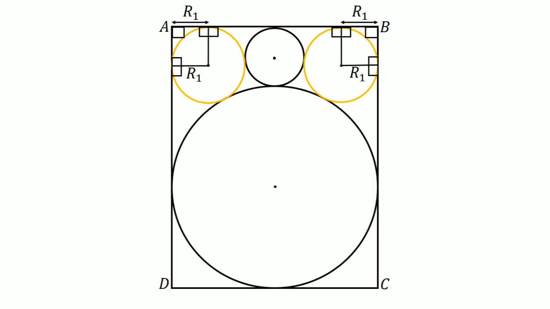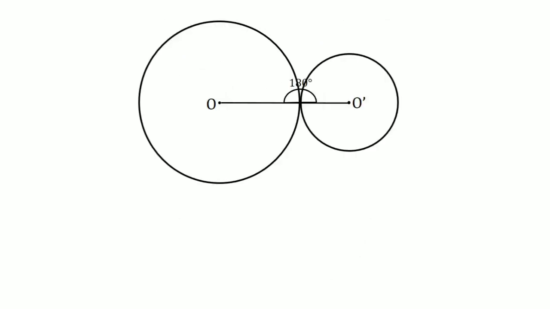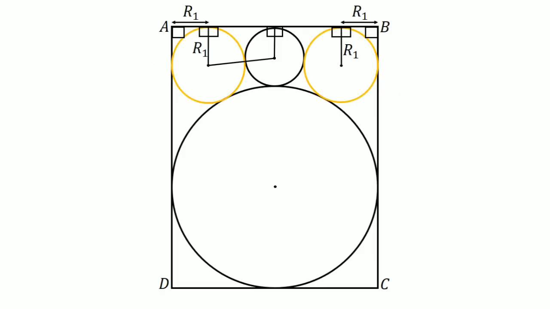Now also drop the radius of the smaller circle to the tangential point and join the centers of these two circles. So by our result we can say this is a straight line that passes through the tangential point, and let the radius of the smaller circle be R2. So this complete line is R1 plus R2.